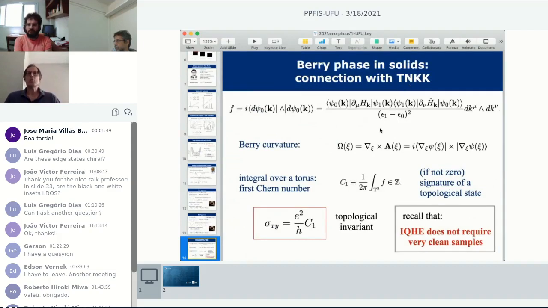They showed, and that was a very nice result, that what comes inside the integration of the Kubo formula in the simplified model, you can actually associate with the Berry curvature. And then you can show that this is an integer and is associated with a topological invariant, in this case, the Chern number. And they were very happy with that.